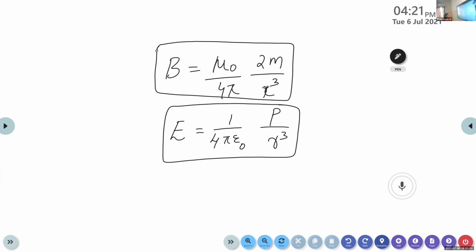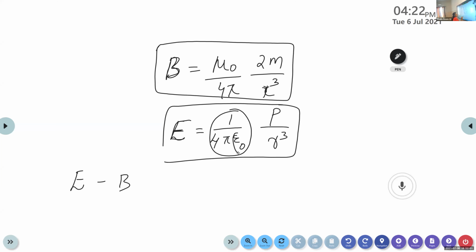Now we can compare these two equations. In electrostatics, we represent it in terms of electric field E. And in magnetism, we represent it in terms of magnetic field B. Similarly here, 1 by 4 pi epsilon 0.